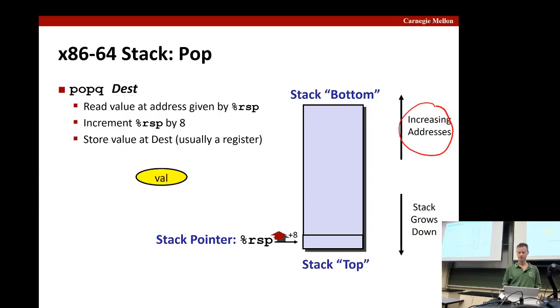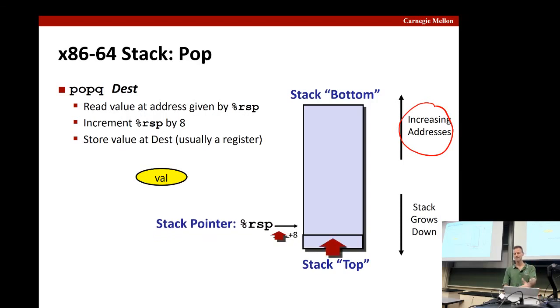So now the stack pointer points here, and the top of the stack is now here. The value is put in the destination, which is typically a register.